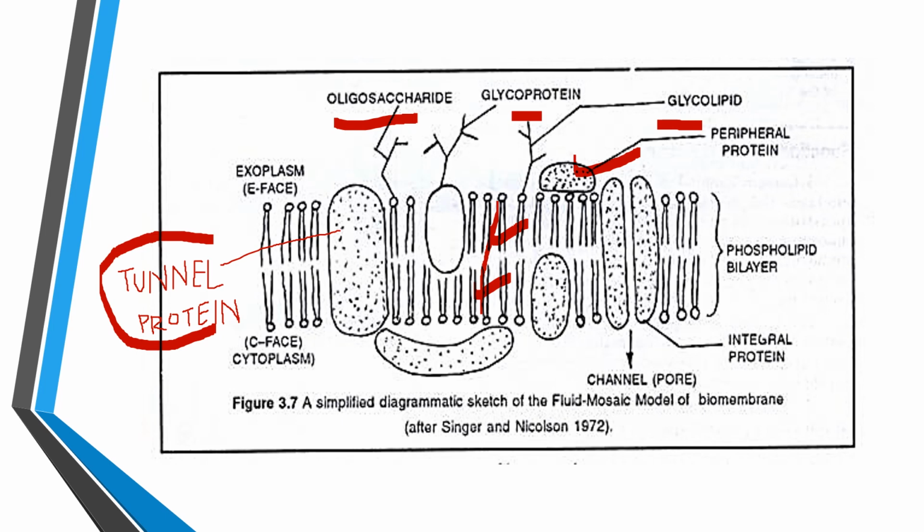Now we know that the internal area is hydrophobic, so these transmembrane or tunnel proteins help water to enter the cell because they provide channels through which water molecules can pass. So a very important function of transmembrane proteins is that they provide channels for the entry of water into the cell.